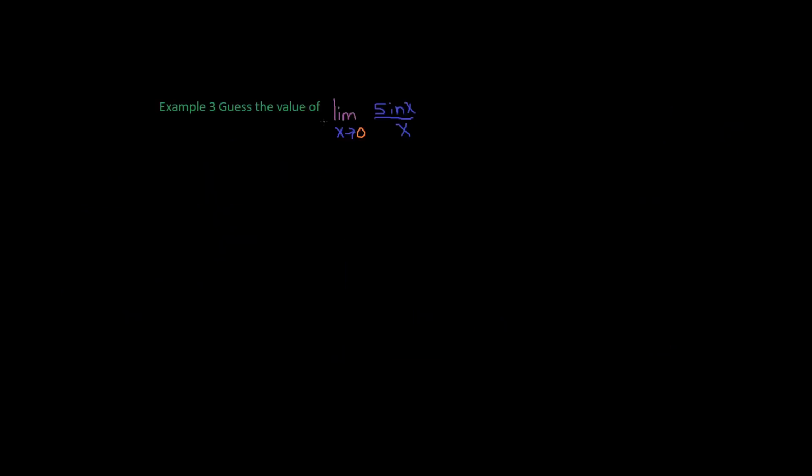Alright, so example 3. Guess the value of the limit of the function f of x, which equals sine x divided by x as x approaches 0. Alright, so we gotta do the same thing we did with the other examples. We plug in numbers into a graphing calculator.